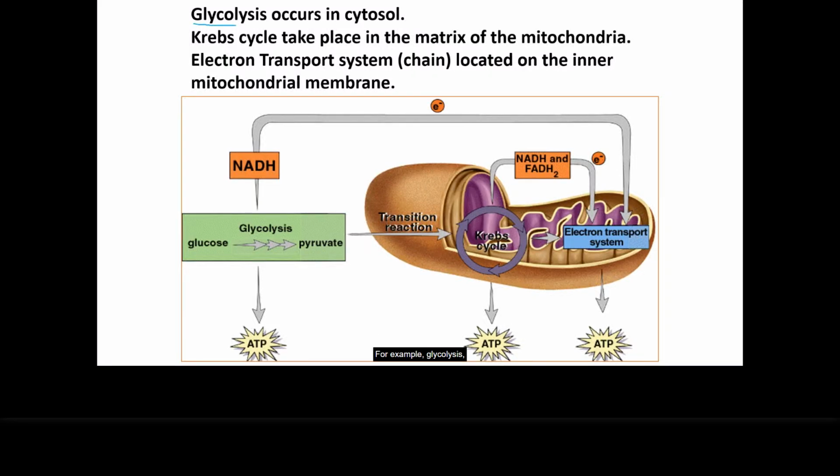For example, glycolysis: where in the cell does it occur? It happens inside of the cell, in the cytoplasm or cytosol, as shown here. In glycolysis, glucose transforms to pyruvate, just one molecule of ATP is produced, and NADH coenzyme is produced during this reaction.